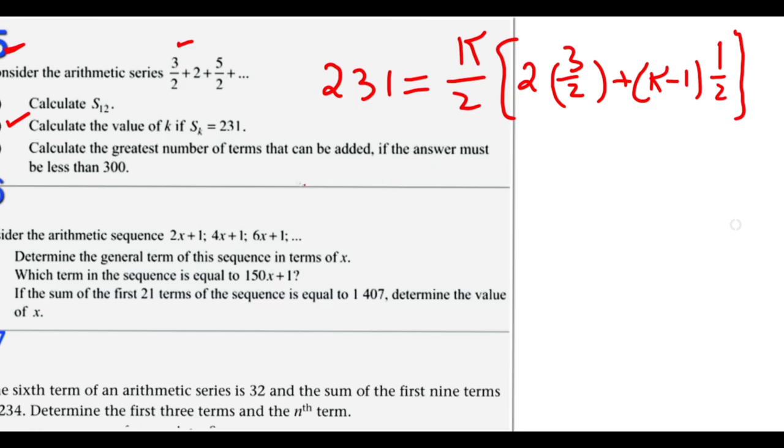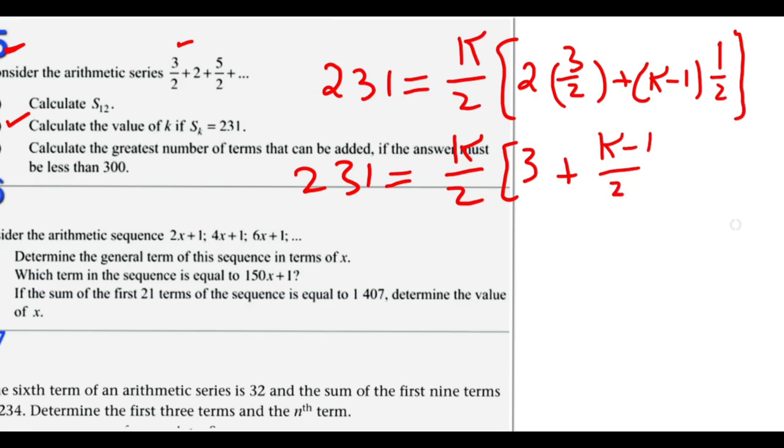Now 231 is equal to k over 2, and I'm going to use my calculator. My answer is 3 plus (k minus 1)/2, big bracket close.